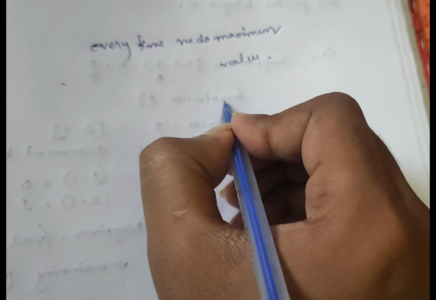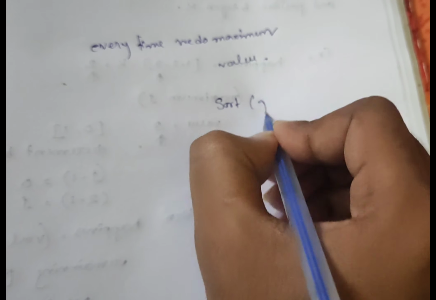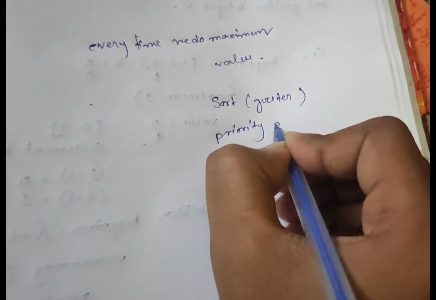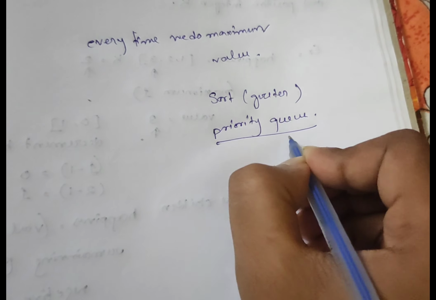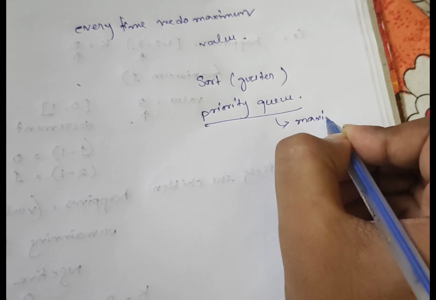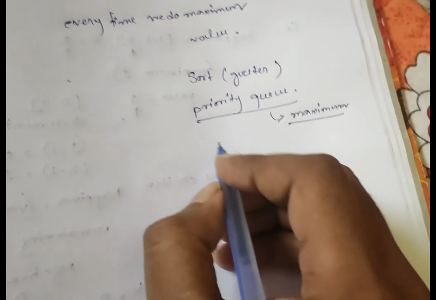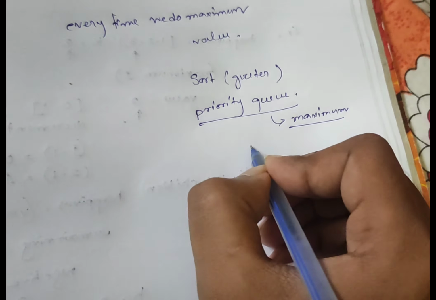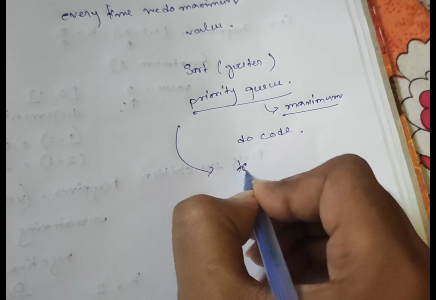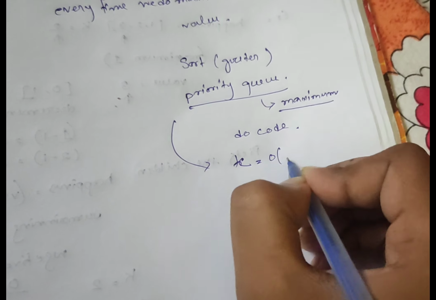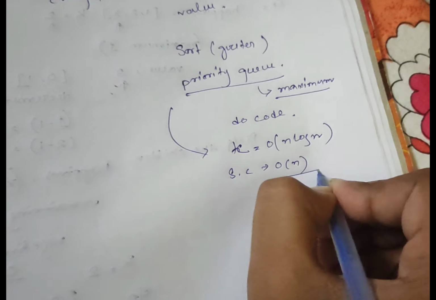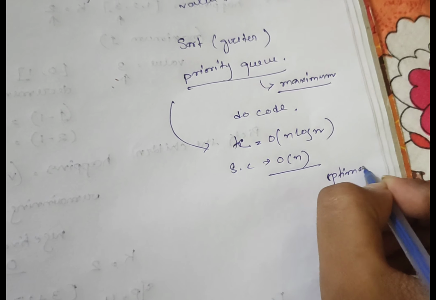You can do it by sorting in descending order, or use a priority queue, where you pick the maximum element and then do the code. With a priority queue the time complexity is O of n log n and the space complexity is O of n. It's optimal. Now we code it.